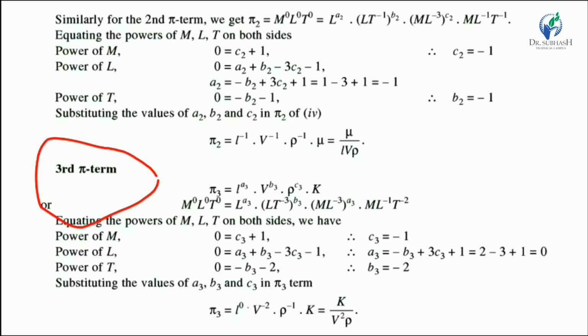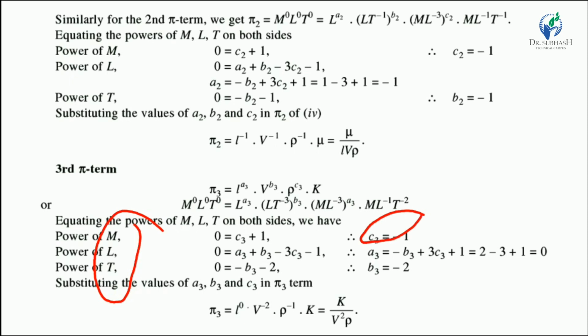Similarly, the procedure is followed for the third pi term. All variables of the third pi term are written in the form of MLT first, and then we compare the powers of M, L and T and find the values of the arbitrary powers A3, B3 and C3.